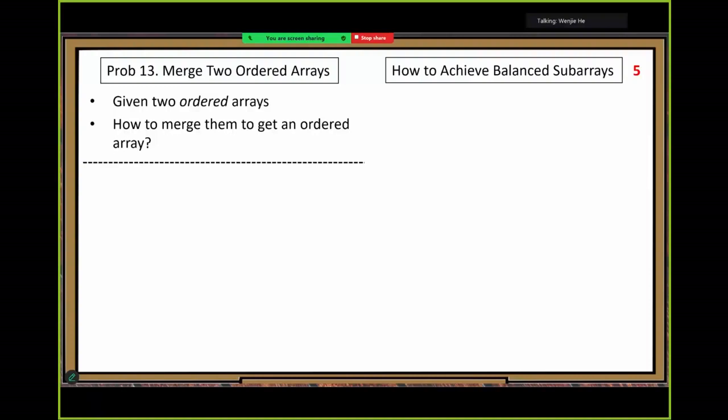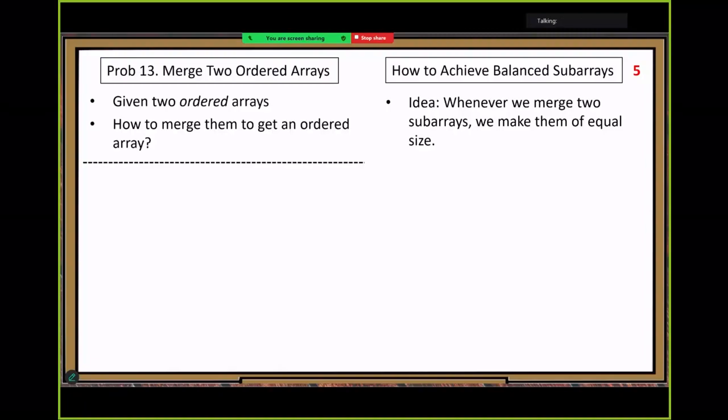Before we work on the merge operation, let's use the divide and conquer view to see how we split our data. Then we can work on the merge details. Now let's look at the starting point.